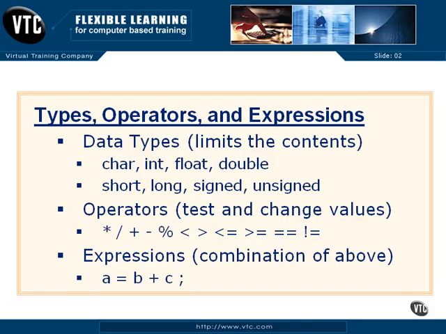Operators are used to test and change the values of variables. We have the multiplication, division, addition, subtraction across here, our standard arithmetic operators, and then we get into comparisons: less than, greater than, less than or equal, these two together make that up. Greater than or equal, this is a separate operator.